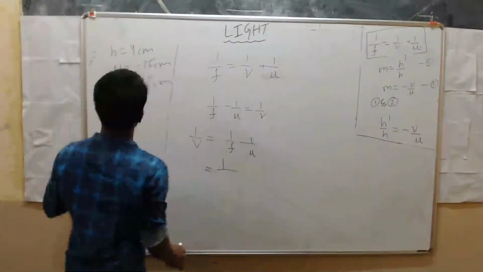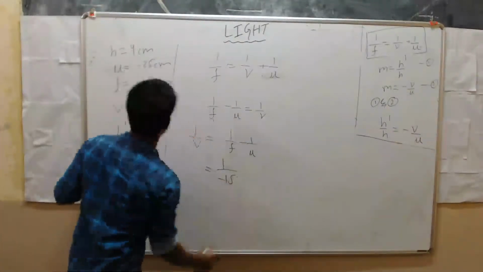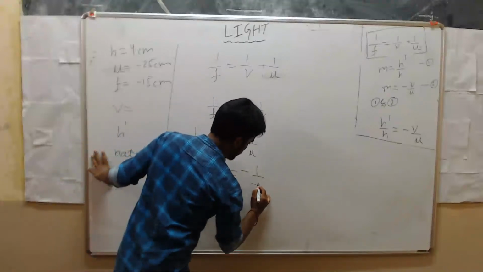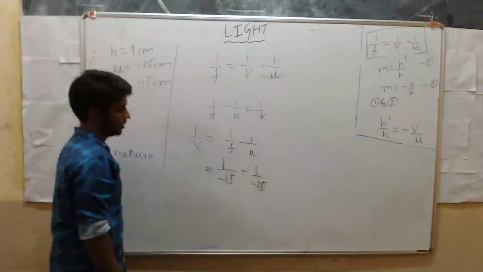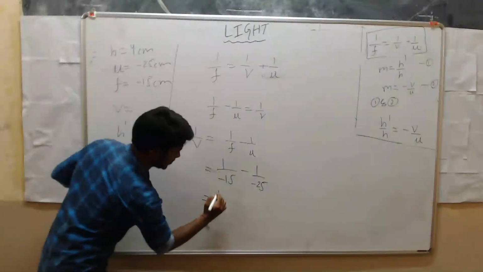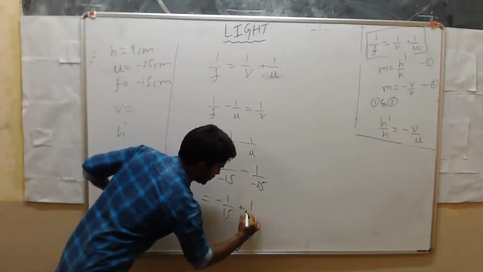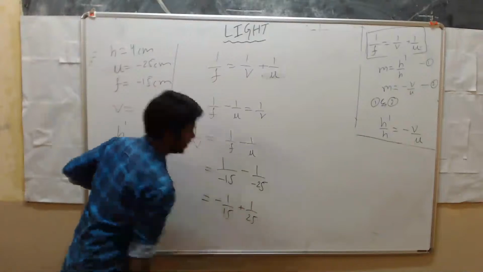So substitute the values. F value is minus 15, then this is minus divided by minus 25. Next, plus or minus, that is 1 by 15, and minus by minus is plus, that is 1 by 25.